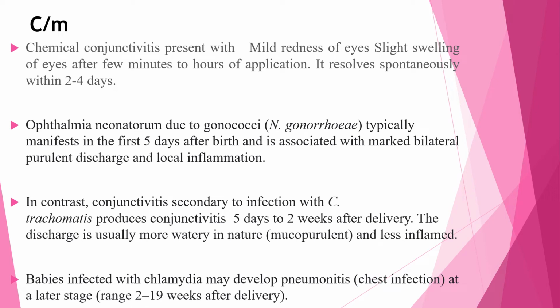Babies infected with chlamydia might also develop pneumonitis in addition to Ophthalmia Neonatorum at a later age, around 2 to 19 weeks after delivery. That causes a febrile pneumonia of infancy. This image shows a newborn with eye discharge and a red eye.